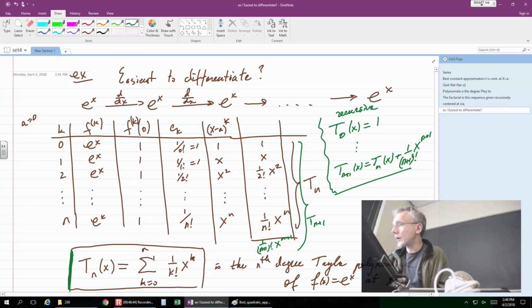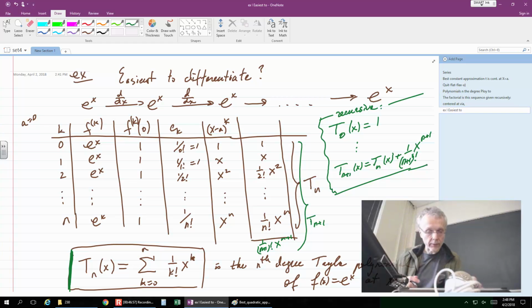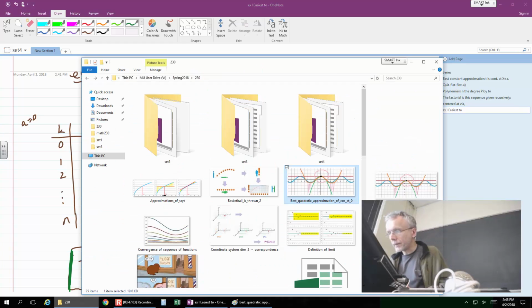Okay, so that's the purely recursive description, not the definition, but rather what we have derived about the Taylor polynomial of the exponential function. There is an illustration of that here somewhere.